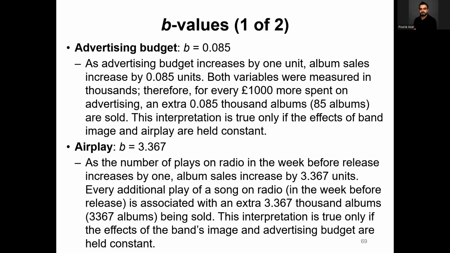This is plus, so I would say increases, not decreases, because there is no minus sign. As advertising budget increases by 1 unit, album sales, which is my outcome variable, increases by 0.085 units. This is how I interpret the beta coefficients.